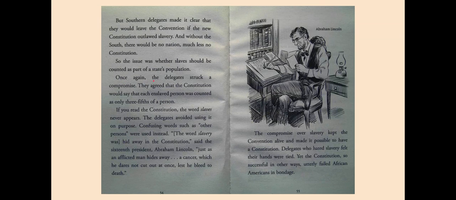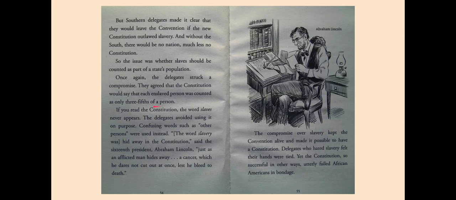Once again, the delegates struck a compromise. They agreed that each enslaved person was counted as only 3/5 of a person. So not as a whole person, as 3/5. That's a little more than a half, but that's not a whole person.